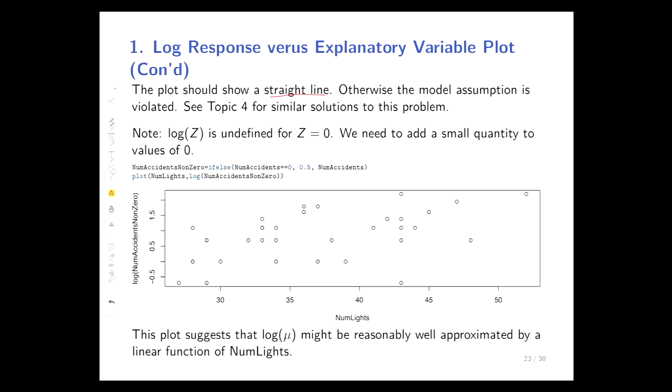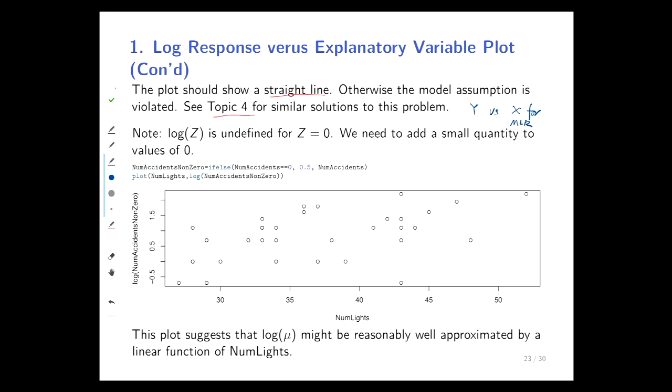Otherwise, we may have different cases. In order to know how to solve the problem if we do not have a straight line, you may try to read topic 4, which is about the response versus experimental variable plot for multiple linear regression. The idea is very similar, so you can borrow some ideas from topic 4 to try to solve the problem.